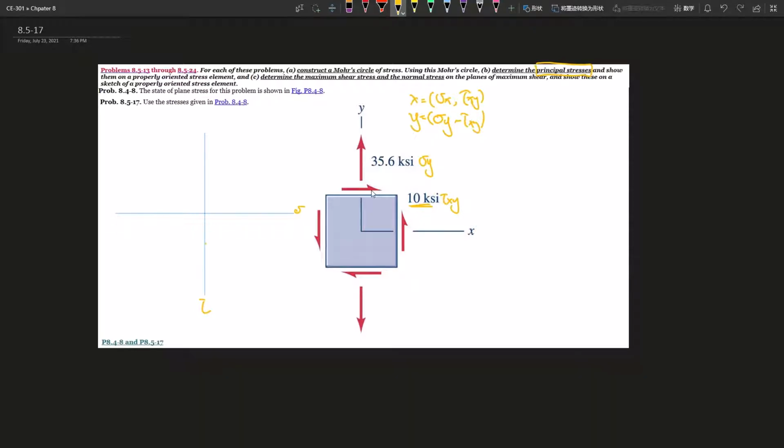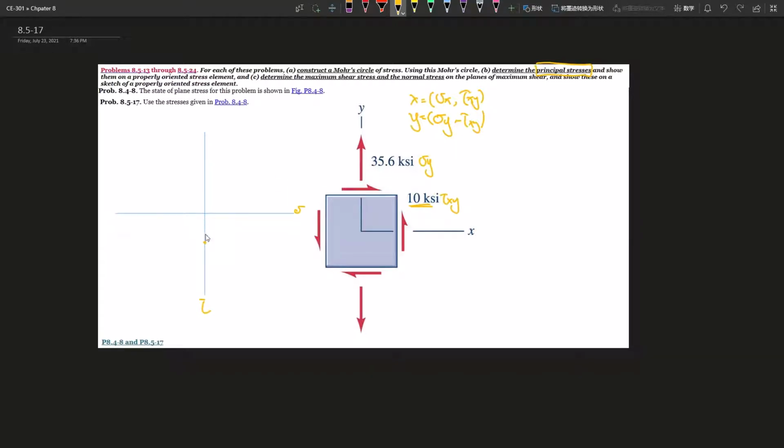Wait, my bad. Yeah, it's 0. It's going downwards, so it's somewhere around here. And then we go up by 35.6.